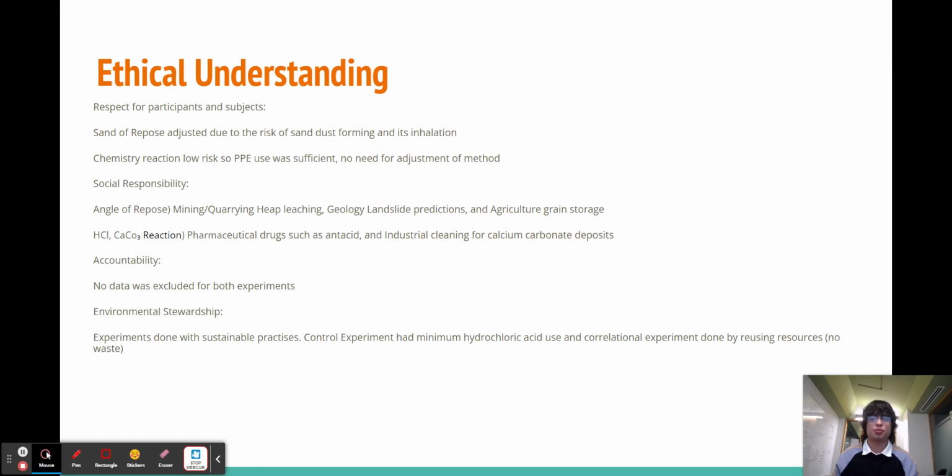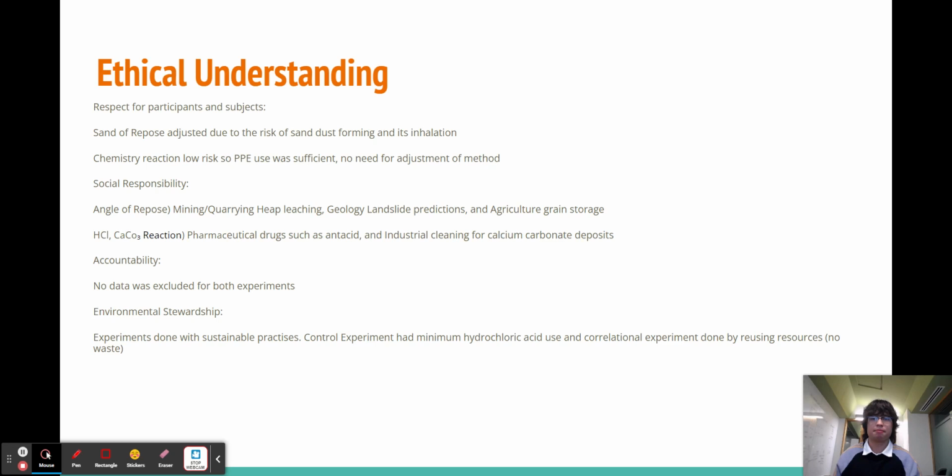Originally, sand was poured through a funnel, but too much sand dust was appearing, so the funnel was lowered to about 10 centimeters away from the top of the cylinder. Lowering the funnel seemed to work, but still too much sand dust was developing. So the method was adjusted again to the freehand pouring method.